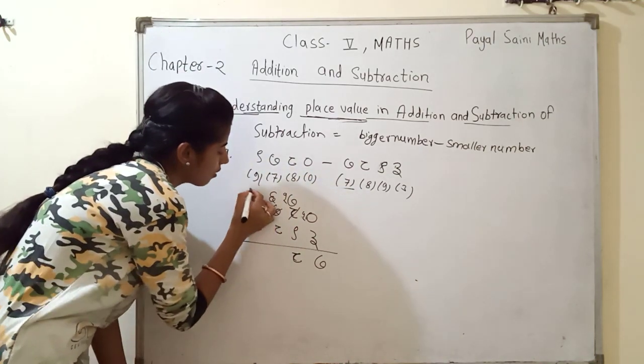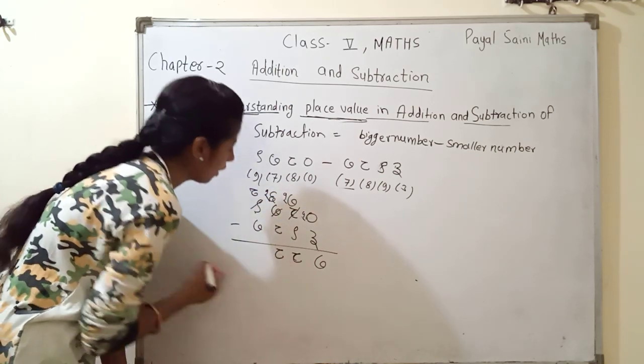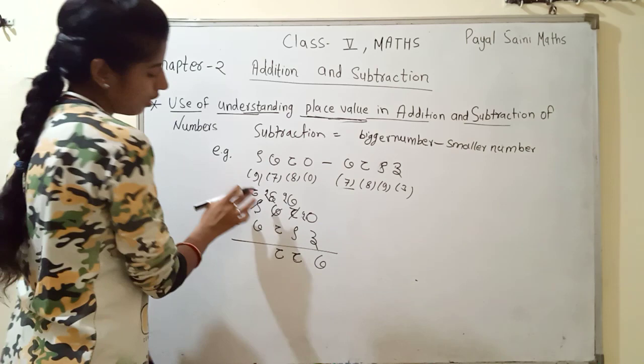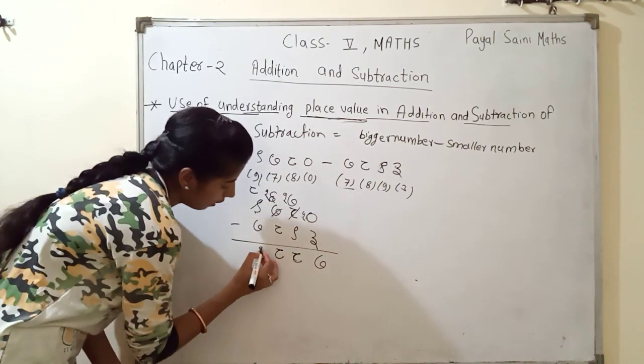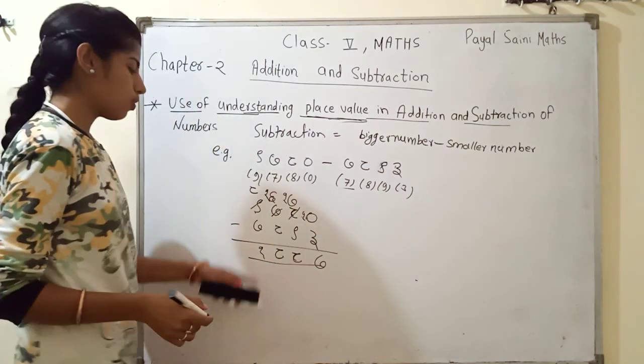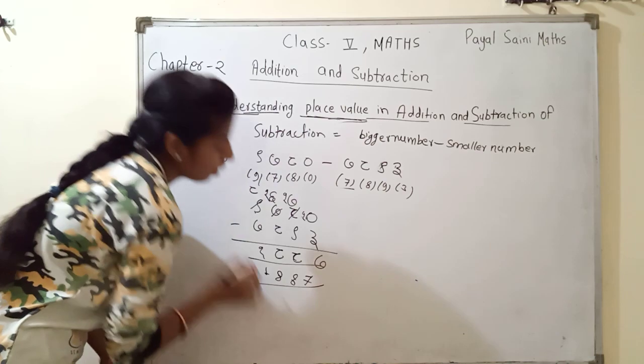Here 8 is left and it makes 16. 16 minus 8 is 8. Then 8 minus 7 is 1. If you solve, then 1, 8, 8, 7 is your answer.